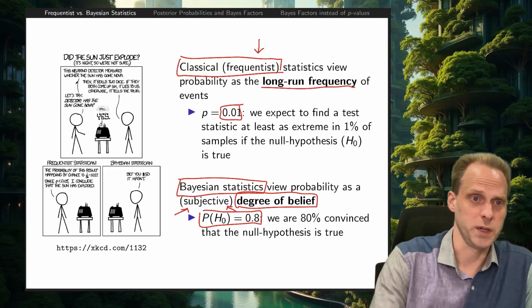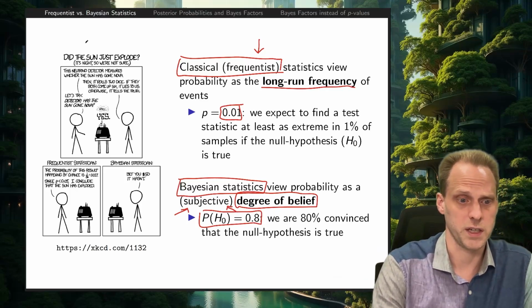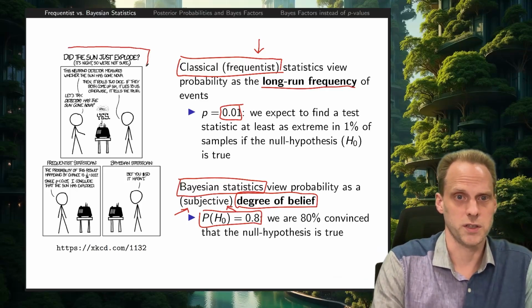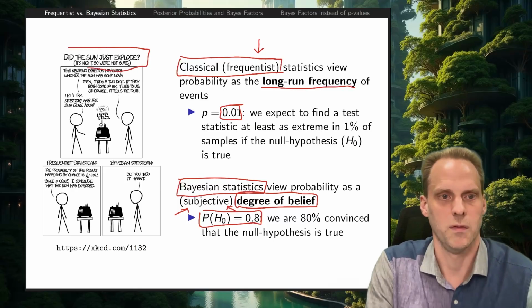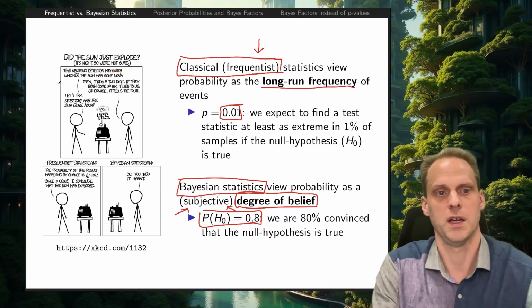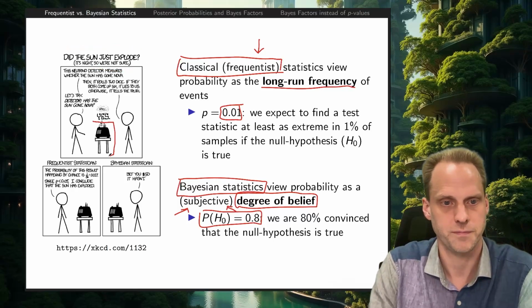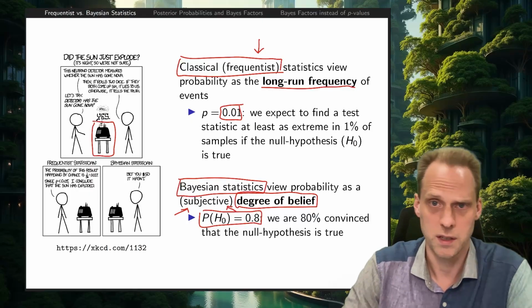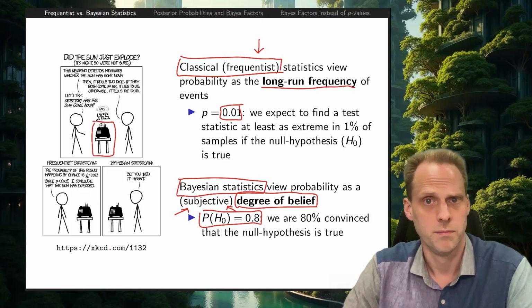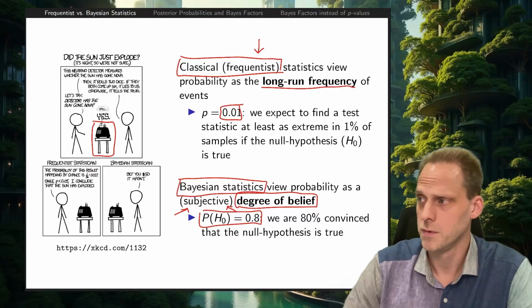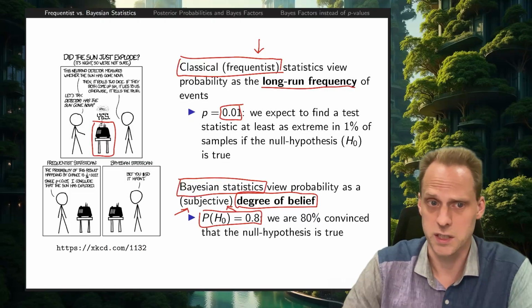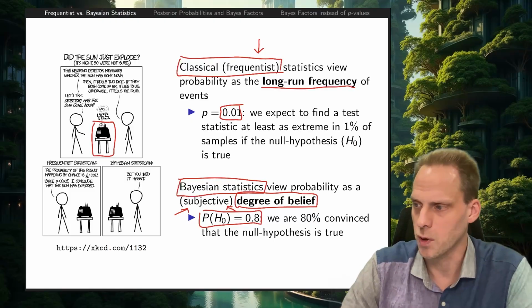So this is the comic here on the left from XKCD. Did the sun just explode? What happens here is there is a machine. This machine detects if the sun exploded. It's a weird machine. It will be honest and say yes, the sun exploded, if the sun exploded.